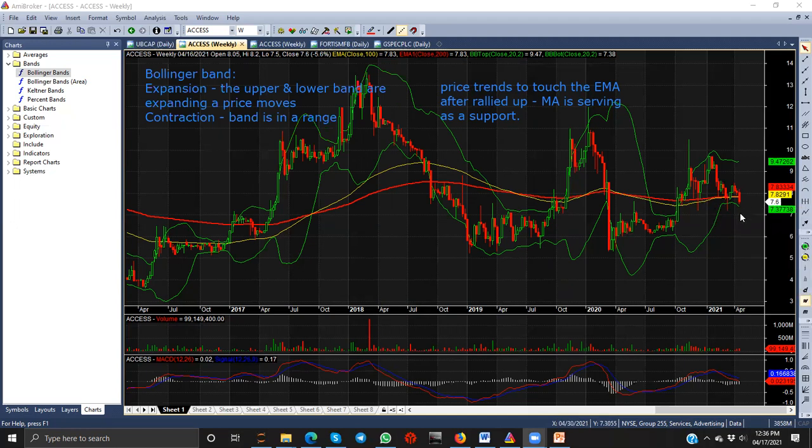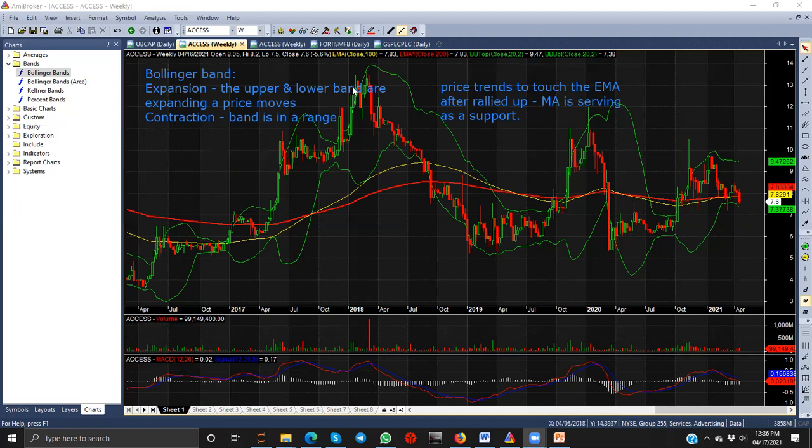The only thing that is important for you to take note of, when you are thinking of acting, is when price comes to touch the lower band and it is contracting. That is the most important time for you.